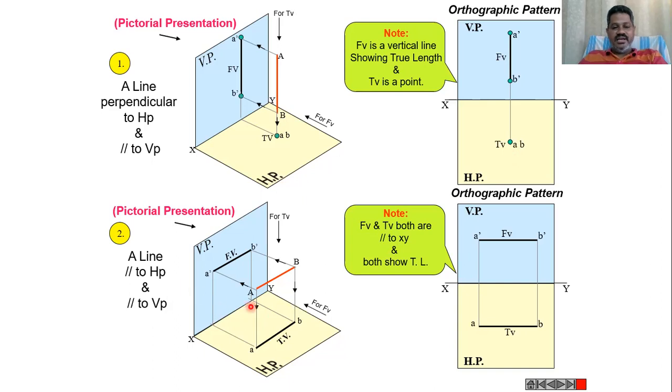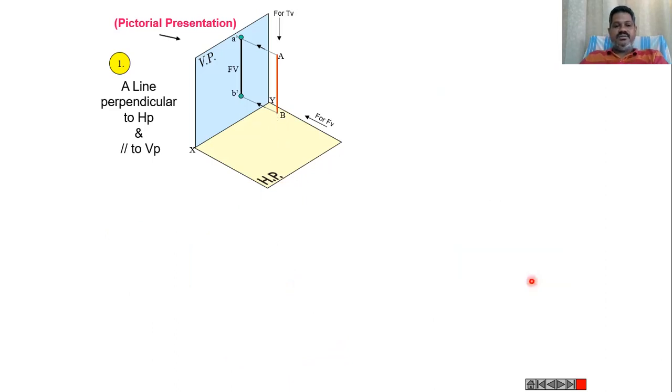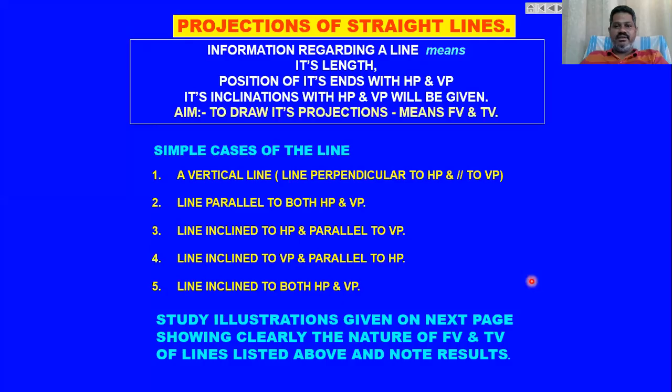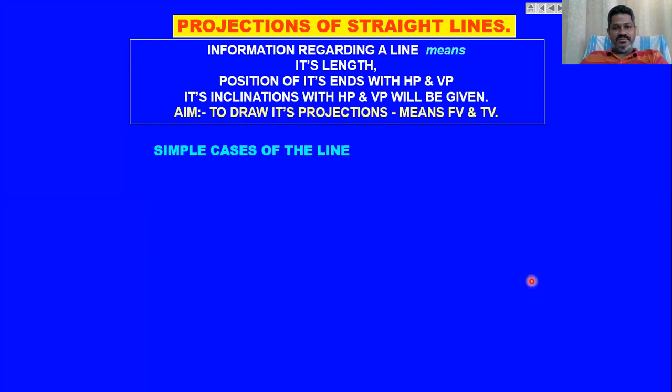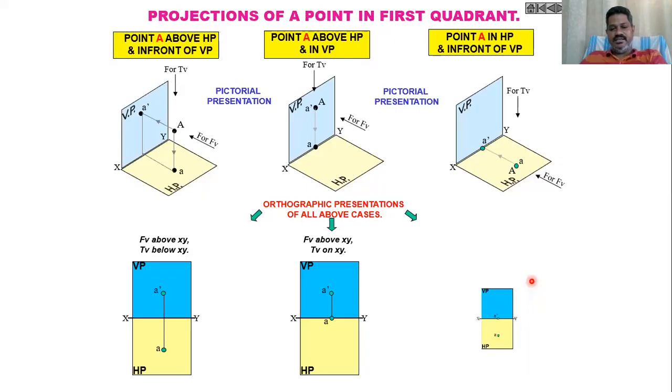Similarly, when the line is parallel to HP and VP, it looks like a horizontal line in both the front view and top view with the given distances. These cases are very important while solving problems. We come across these 5 cases in lines.